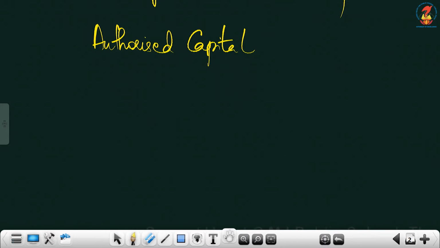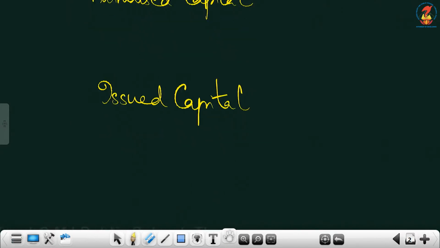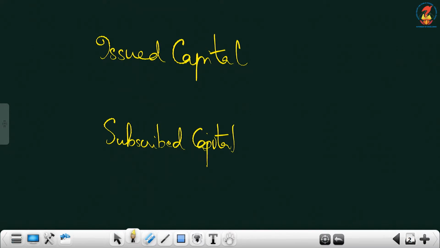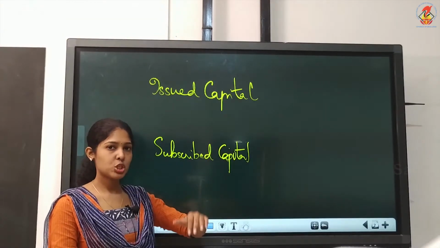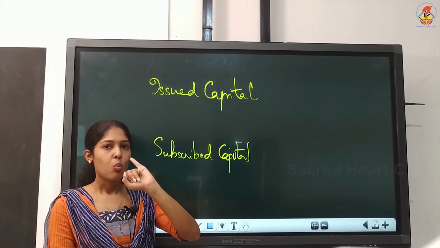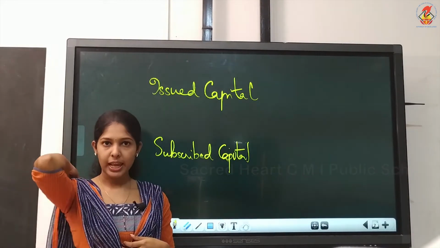Then second one is issued capital. Then third one is subscribed capital. So these are the three divisions of share capital: authorized, issued, and subscribed capital.